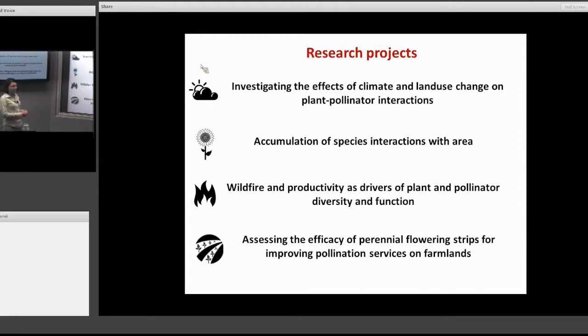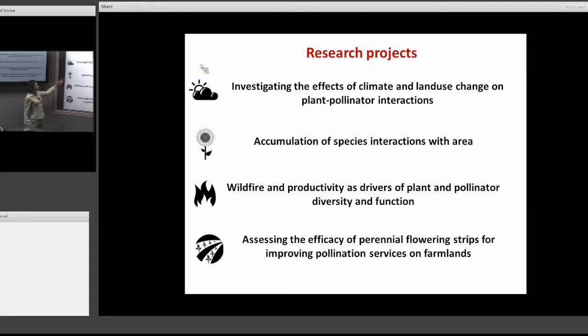So the first one was using both historic and contemporary data to investigate the effects of climate and land use change on plant-pollinator interactions over the last 120 years. And one new direction of this work is looking at more fine-scale mechanisms of CO2 enrichment and drought that might influence plant-pollinator interactions at a more local scale.